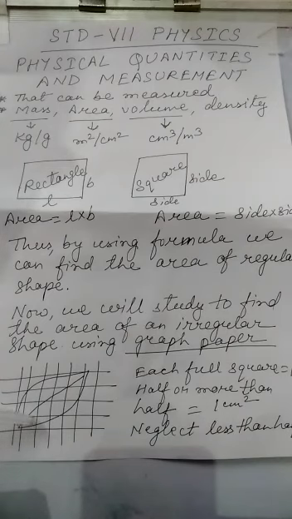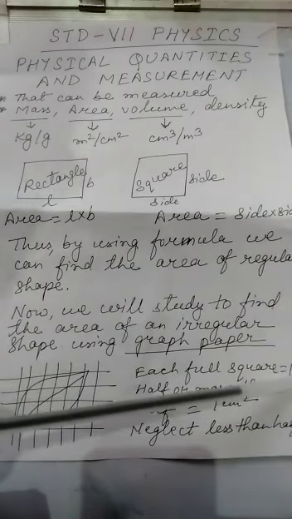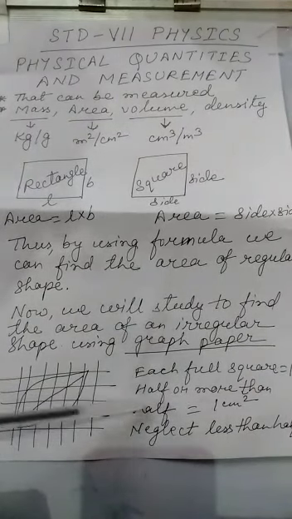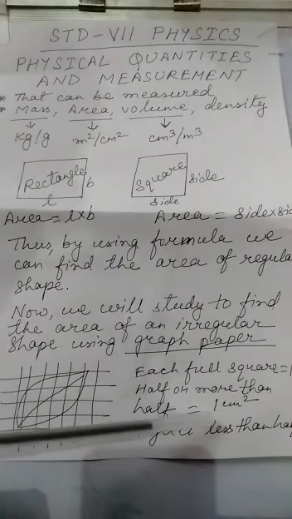Now what you have to do, you have to count the number of full squares, complete squares, and that is considered as 1 centimeter square. Now half or more than half squares are also considered as 1 centimeter square.